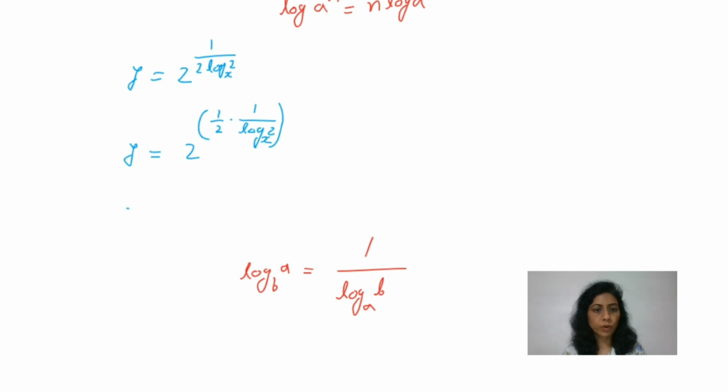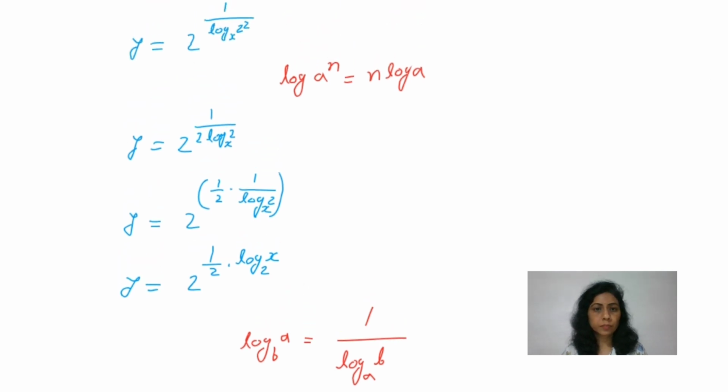Okay. So y is equal to 2 to the power 1 upon 2 multiplied by log x base 2. Okay, here this 1 upon 2 multiplies with this log. Like log a to the power n, here log x base 2 with the value 1 upon 2, so we can write 1 upon 2 in the power.